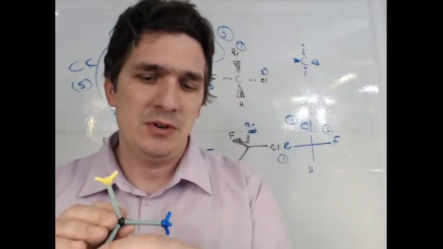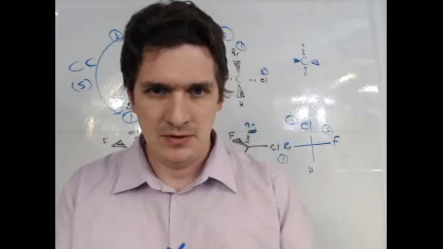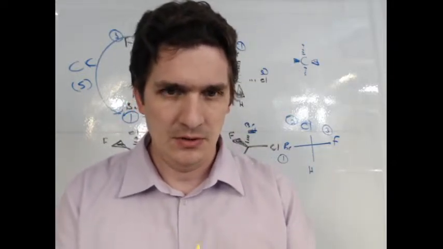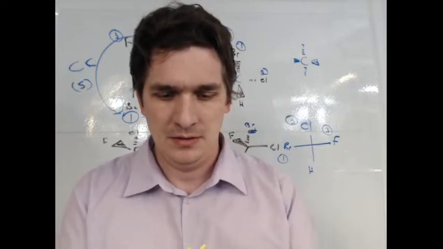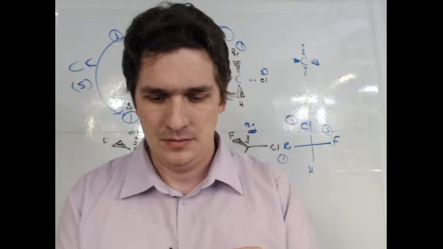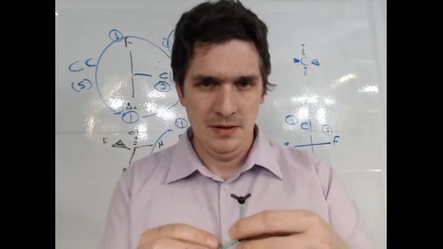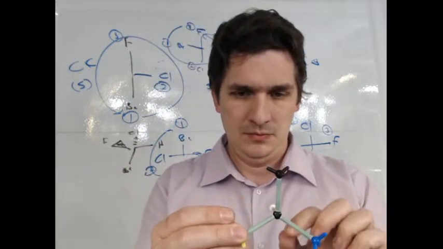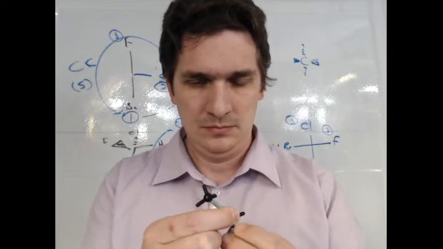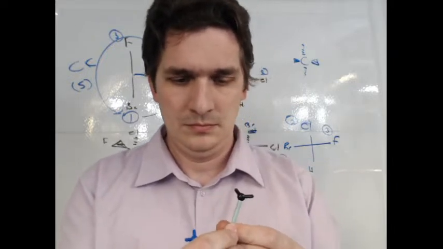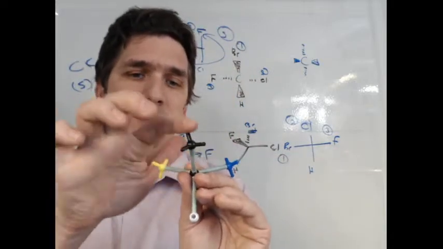Black here is highest priority, followed by blue, followed by yellow. If we draw it again, we've got fluorine opposite chlorine, bromine opposite hydrogen. So this is the second one: fluorine, chlorine, bromine, hydrogen.